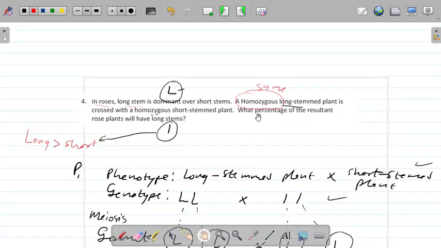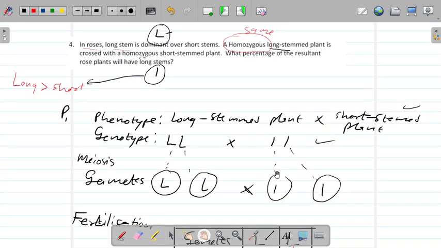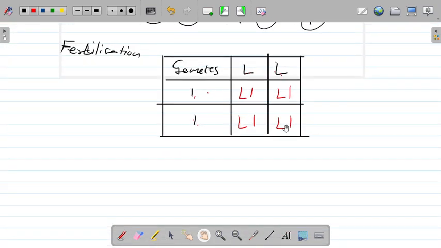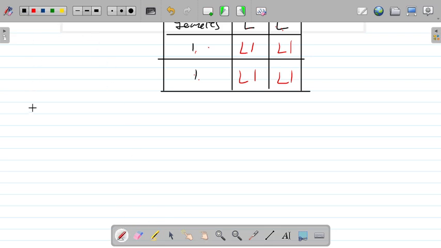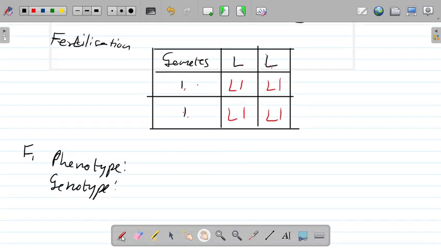But what percentage of the resultant rose plants will have long stems? For the F1 generation, we say the phenotype and then the genotype. For the phenotype, all of them are long stemmed plants.